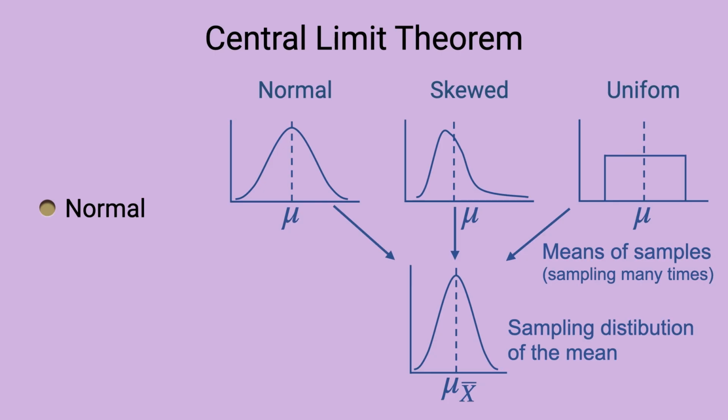The central limit theorem also says that the mean of the sampling distribution is the mean of the population, and the standard deviation of the sampling distribution equals the standard deviation of the population divided by the sample size.